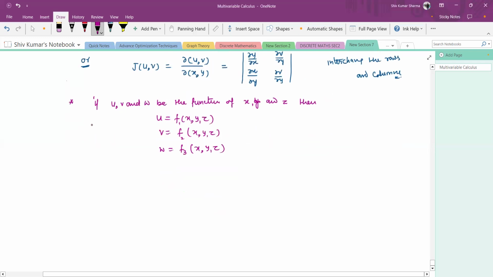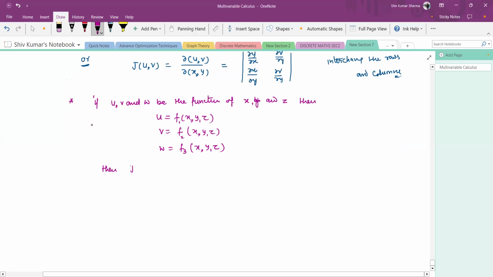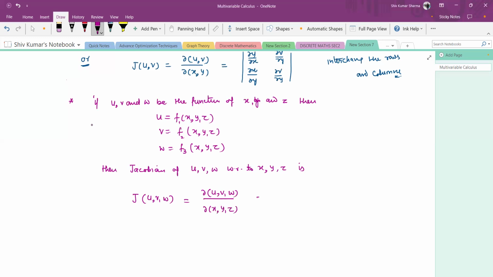Then the Jacobian of u, v, w with respect to x, y, z can be written as del(u, v, w) upon del(x, y, z), equal to the determinant, so here we make a 3 by 3 determinant. The number of dependent variables is equal to the number of independent variables for making the determinant.